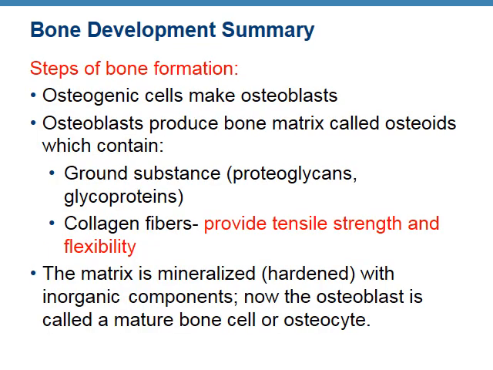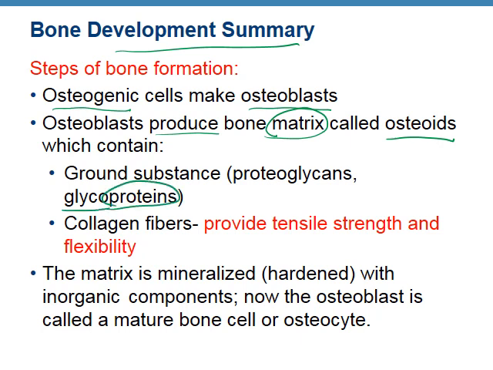Before we move into ossification, I want to make sure we have just a general summary of bone development. So what's happening in the compact and the spongy bone? We have osteogenic cells, which make osteoblasts. The osteoblasts are going to produce a matrix, and that matrix is called osteoids. What do they have in them? I kept saying proteins, and they do. They have glycoproteins, and they have proteoglycans.